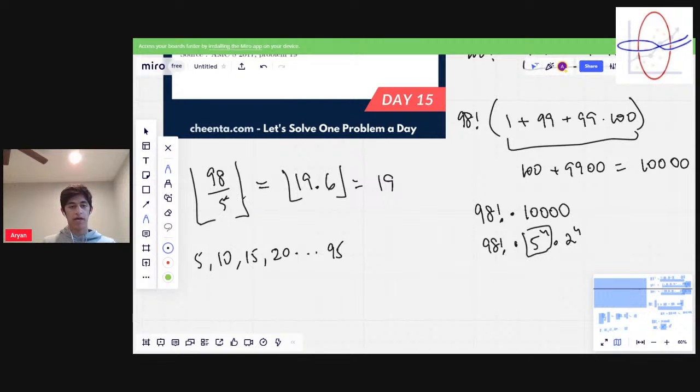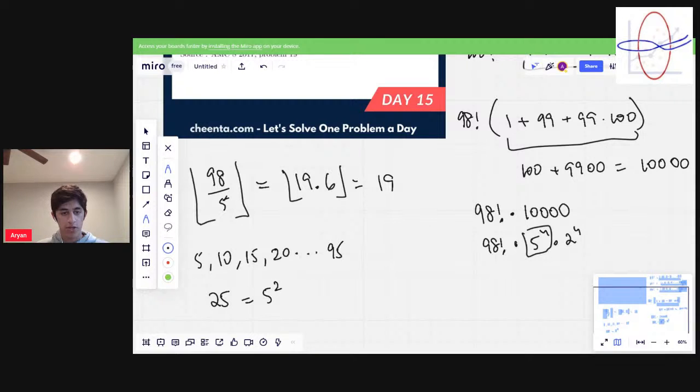Because we're multiplying all of the numbers up to 98, these multiples of 5 are being multiplied by each other, so we have at least 5 to the 19th here. You might think we're done, but no. If you take a number like 25, 25 is 5 squared, so it actually contributes 2 5s to our product.